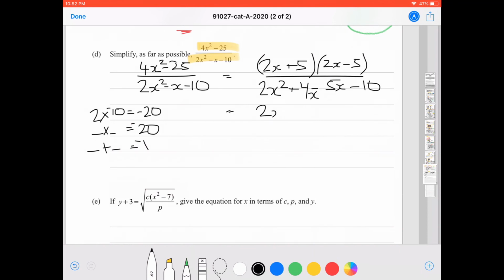Okay, so our numerator, well, we're happy with that. That's, again, 2x plus 5 and 2x minus 5. And we have to keep going with our denominator. We draw a line through the center of the equation. And our left-hand side factorizing at 2x and x plus 2. And our right-hand side is minus 5 and x plus 2.